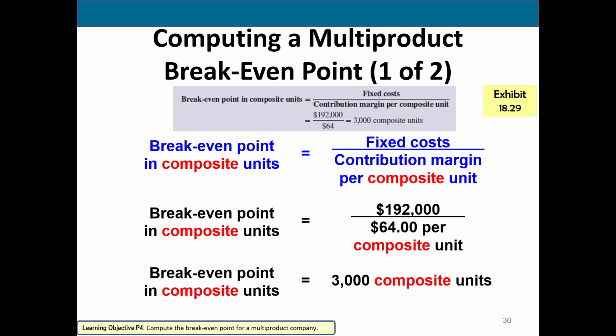And now we can compute the break even in units and in dollars. So the break even in units will be the fixed cost divided by the contribution margin per composite unit. 192 divided by 64 means that we have to sell 3,000 composite units.